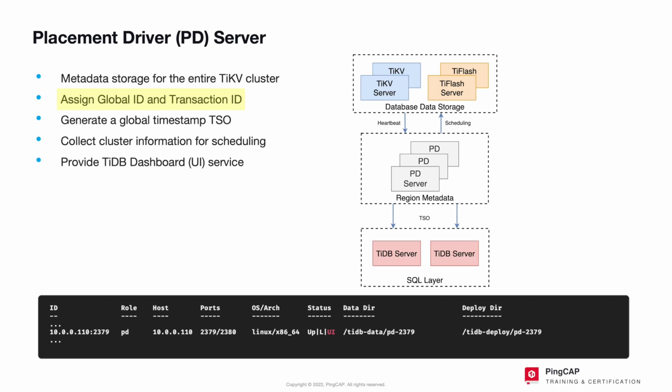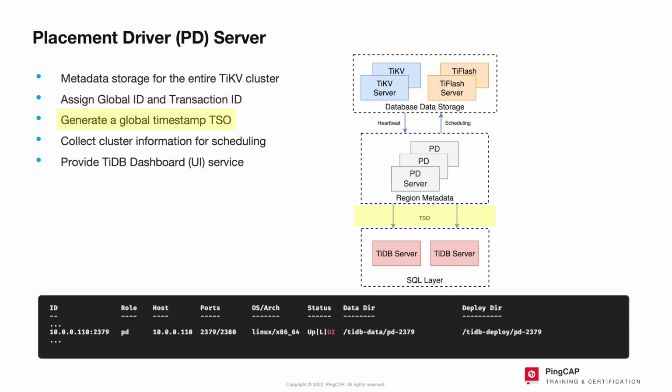Next, the PD is responsible for assigning a global ID and a transaction ID. The global ID we use, such as store ID, region ID, peer ID, table ID, index ID, etc., and the transaction ID of the distributed transactions are also assigned by the PD.